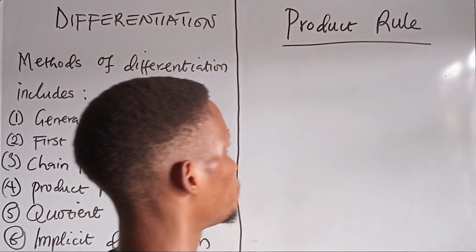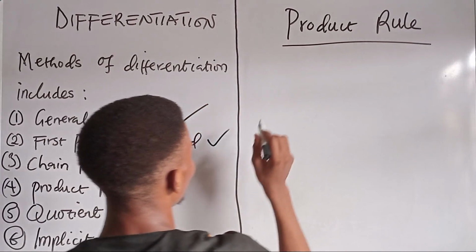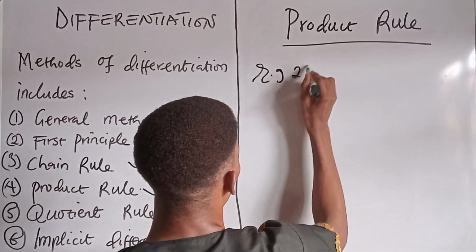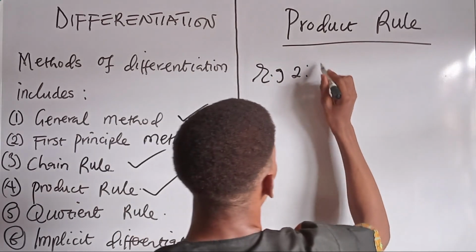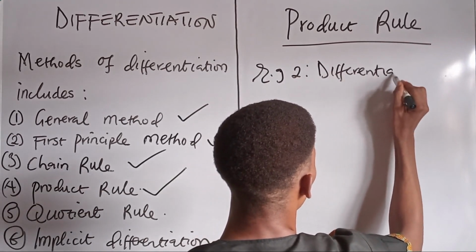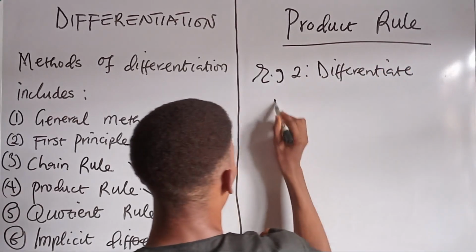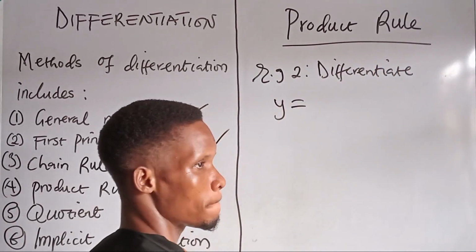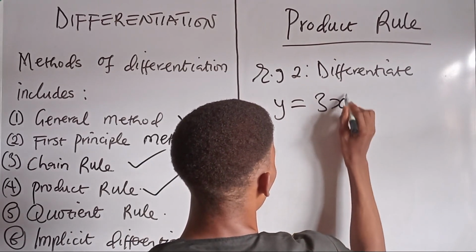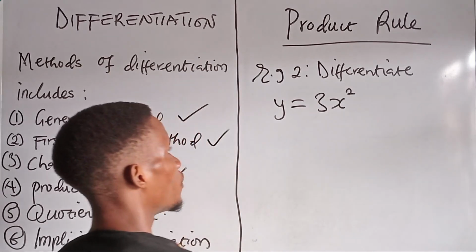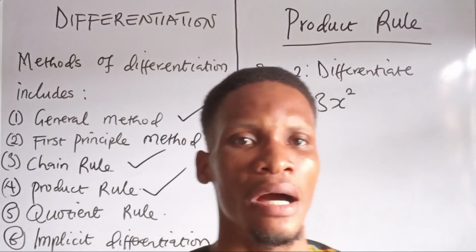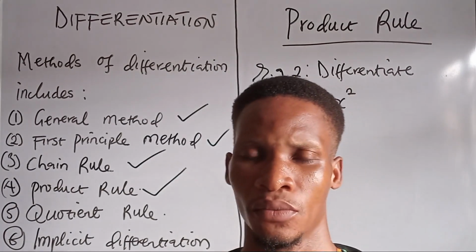Now, let's say we're given example 2: differentiate y equals 3x squared. How do you differentiate this when you are asked to use the product rule?